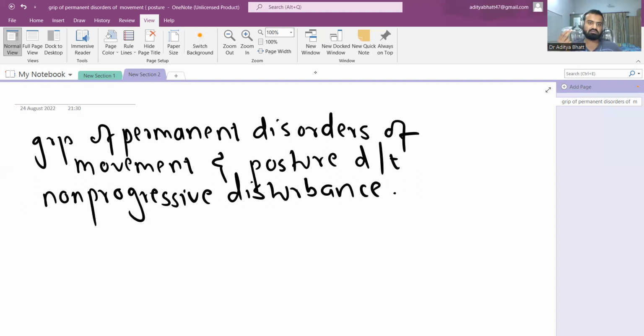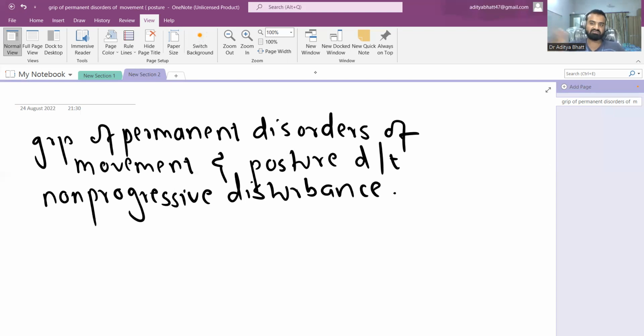Now the child may fail to show some developmental signs, or there might be developmental delay, but the insult is not progressive. The insult that occurs inside the brain, or the MRI that you did at the age of 1 month, will stay the same.